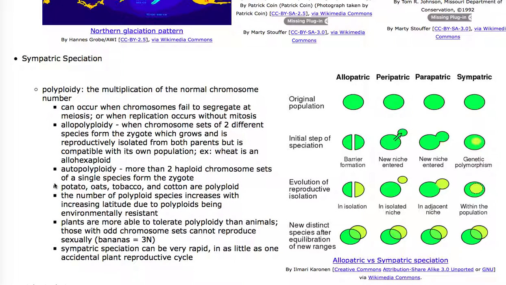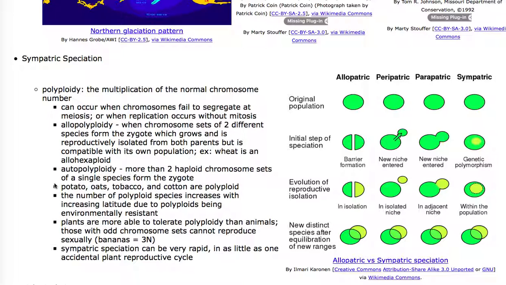It's not an accident that they're crop plants, because they're almost always polyploid, they tend to grow more vigorously than their diploid counterparts, and they end up on the farm because they can make food more readily than their diploid counterparts. Most animals are diploid.